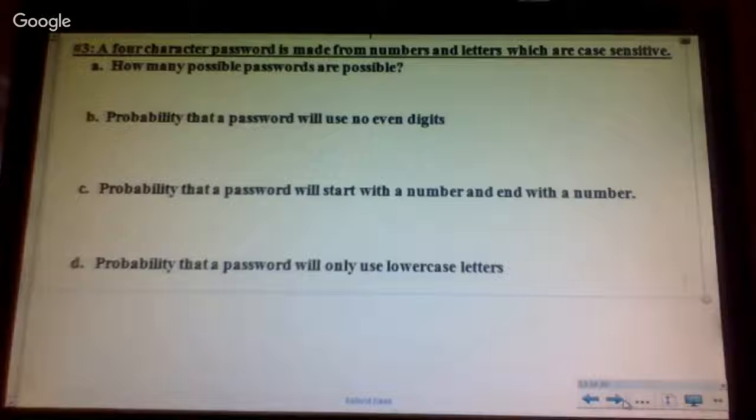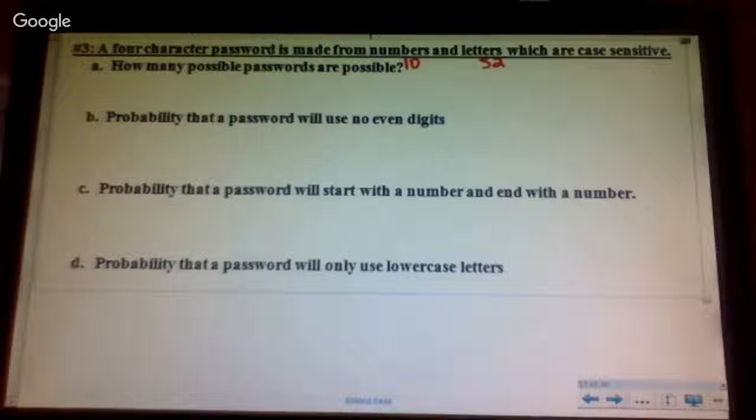A 4-character password is made up from numbers and letters, which are case sensitive. How many possible passwords are possible? How many options do I have for each space of my password? We're case sensitive: 62. I have 10 numbers and 52 letters.